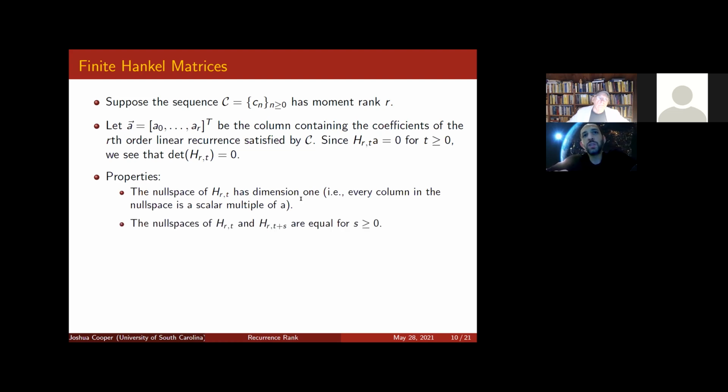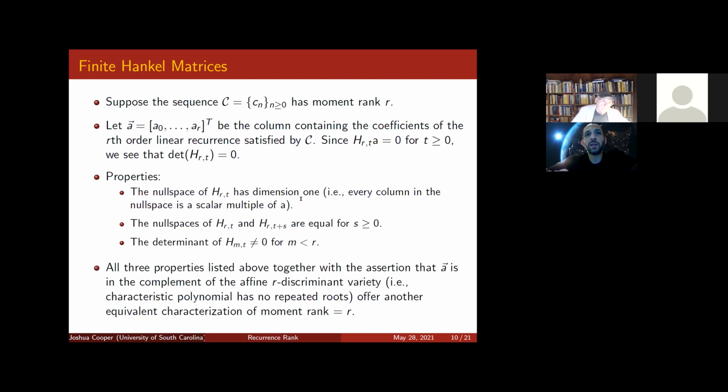In fact, the null space, as you increase t, that's the size of the matrix, recall, doesn't change, so you get the same null space as the size of the matrix grows. I have to be a little careful because the dimensions are changing, but you can guess what this is. And the determinant is actually non-zero when you drop below the size that I meant, and where the determinant becomes 0 as noted above.